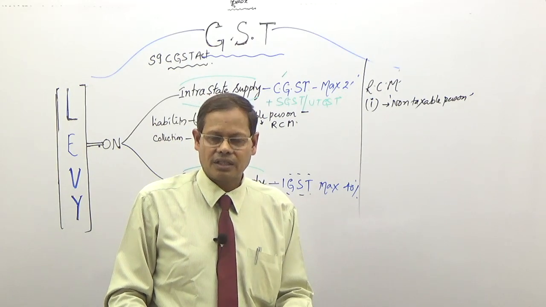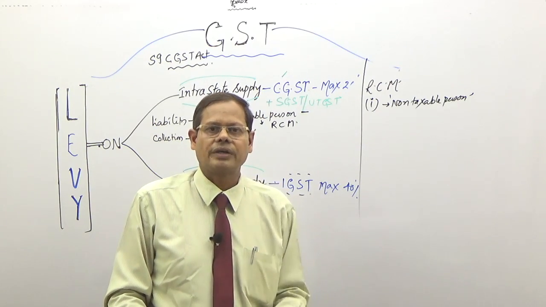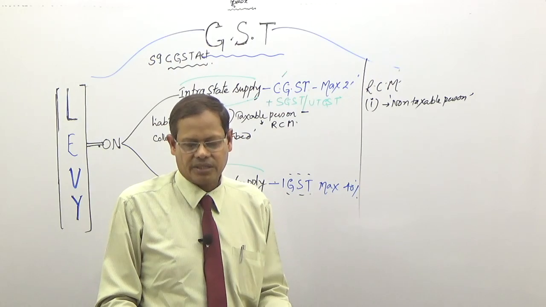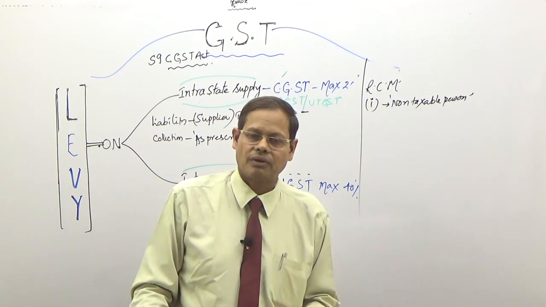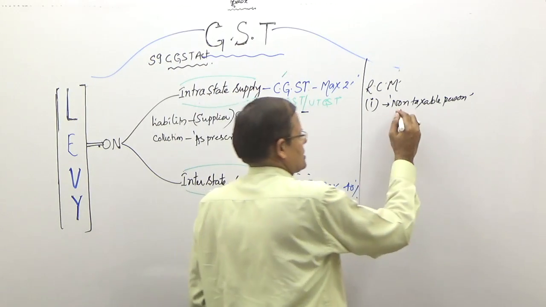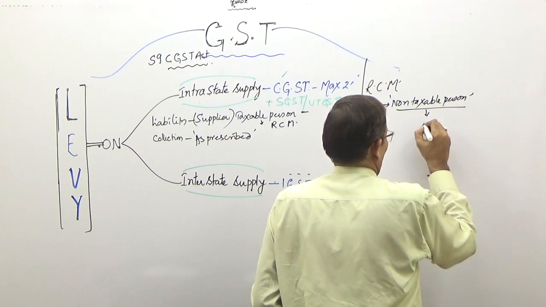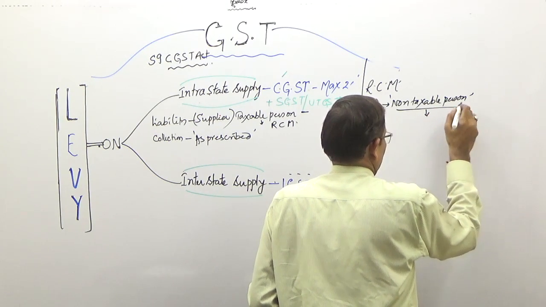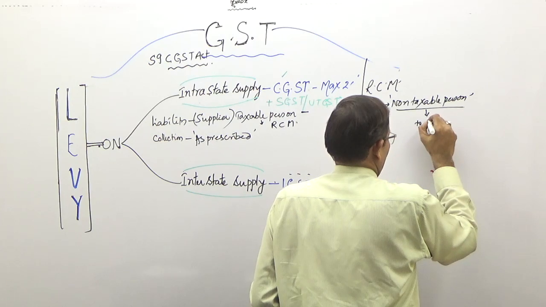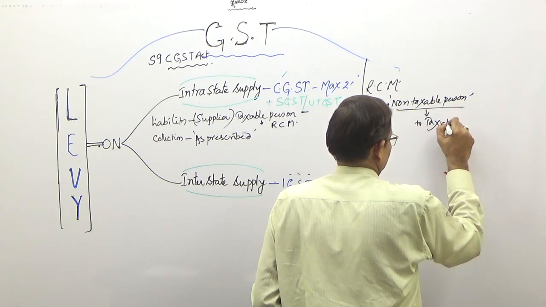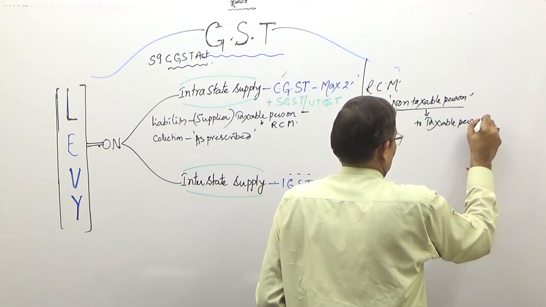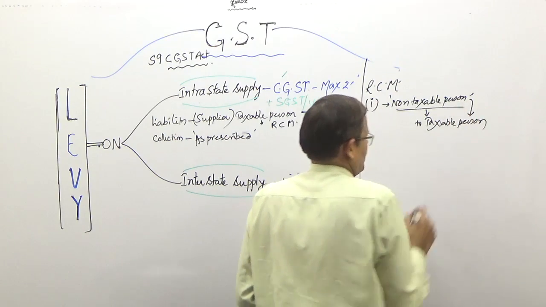And persons otherwise whose turnover is below 20 lakhs are not required. Persons not required under section 24. Like that, non-taxable persons. A non-taxable person providing supply of goods or services to a taxable person. So, non-taxable person to taxable person.